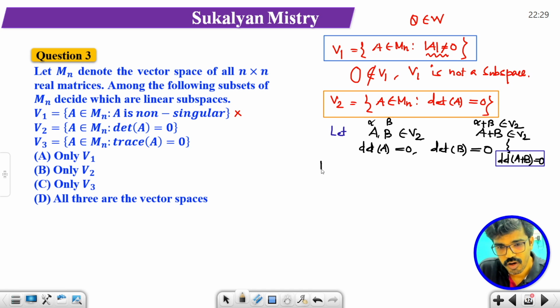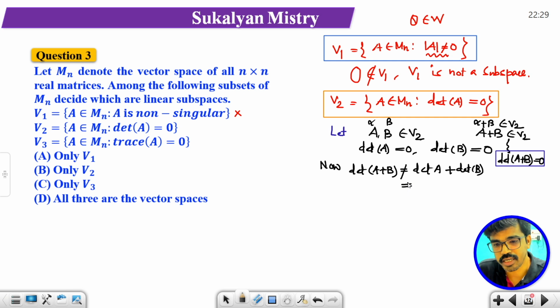So now determinant of A plus B is not equal to determinant A plus determinant B. This is 0, but determinant of A plus B is not equal to 0. That means we conclude that A plus B does not belong to v2.